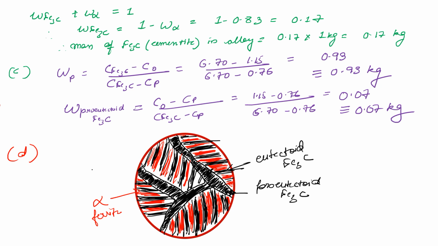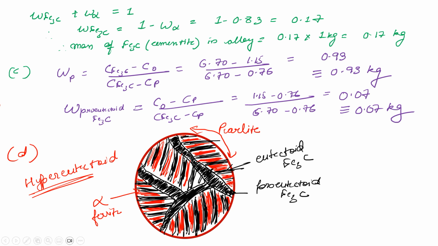So this entire thing will give us this microstructure, which is the upper case. And this together, so alpha ferrite and eutectoid cementite, this entire thing is what we call the pearlite phase, right? The colonies are laminar colonies. We call it pearlite. Okay, great.